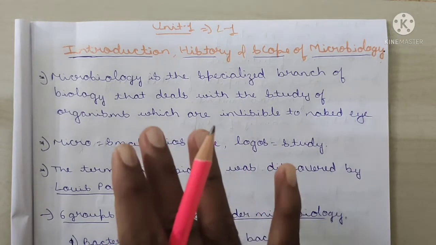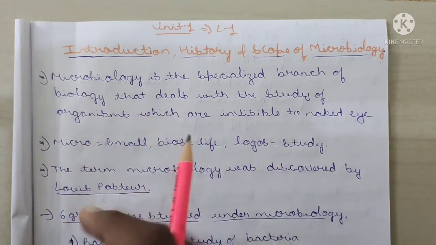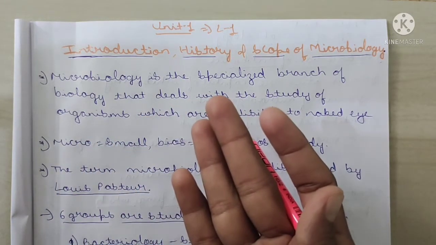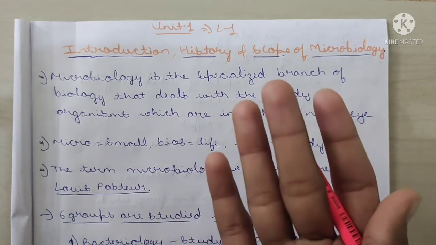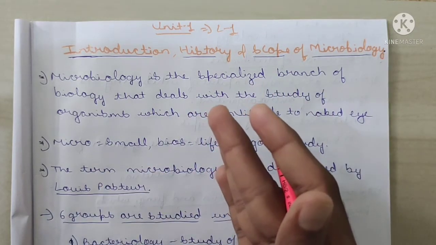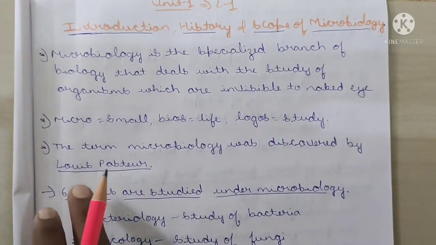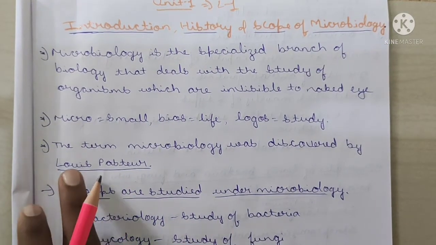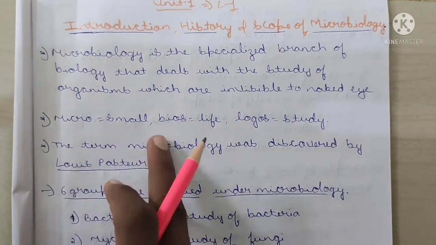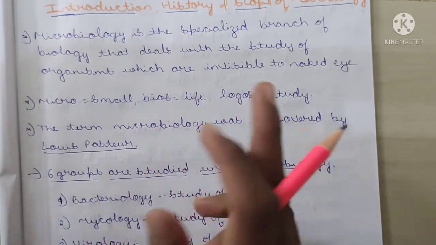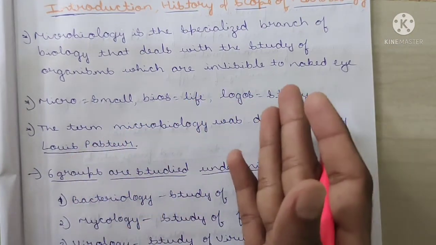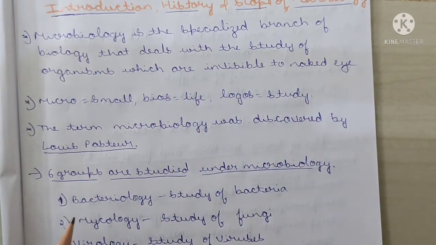We are studying the organisms which we cannot see directly with our eyes. The study of those organisms is known as microbiology. In Greek, micro means small, bios means life, logos means study. So the study of small life is known as microbiology.